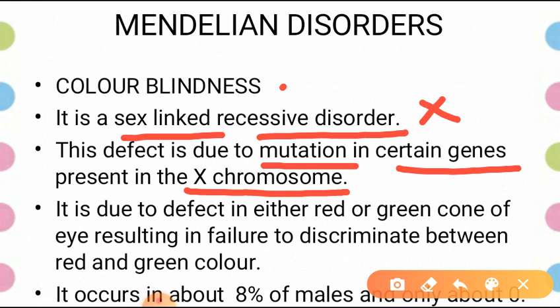Here the gene for the disease is located on which chromosome? X chromosome. The affected person cannot differentiate which colors? Red and green. That is why it is also called red-green color blindness. Clear? They cannot differentiate red and green coloration.